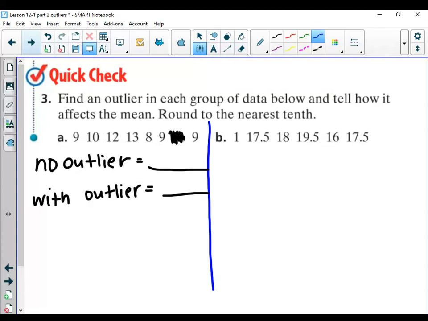I think you maybe missed a number by accident. It's okay. Seventy. 70 divided by 7, 10.